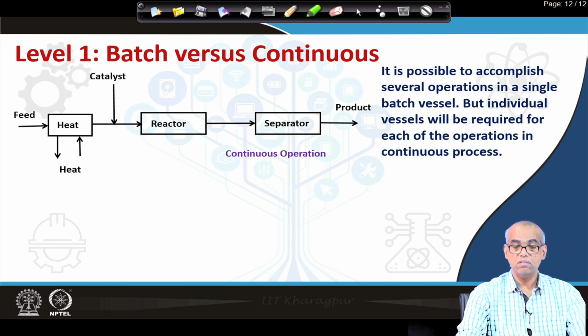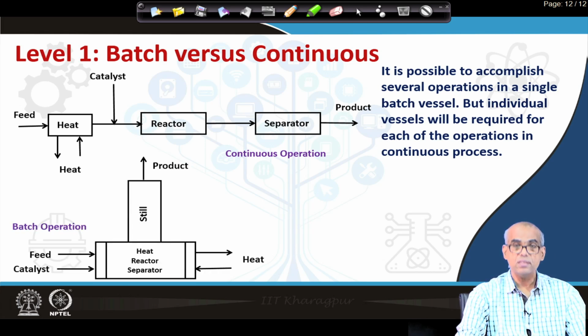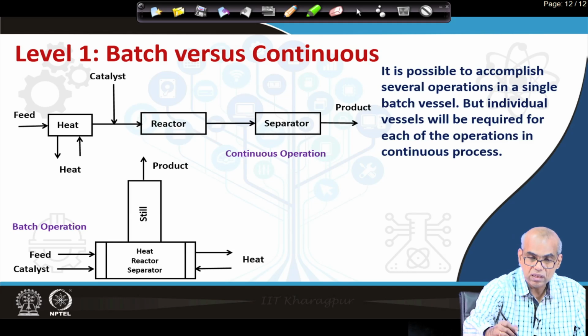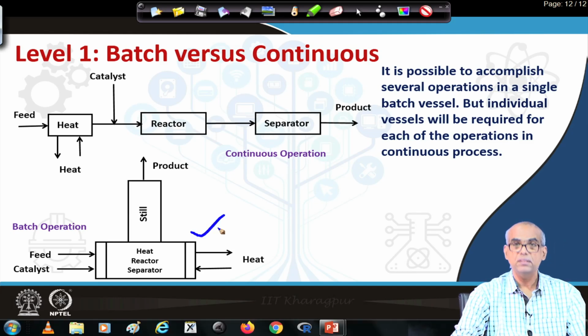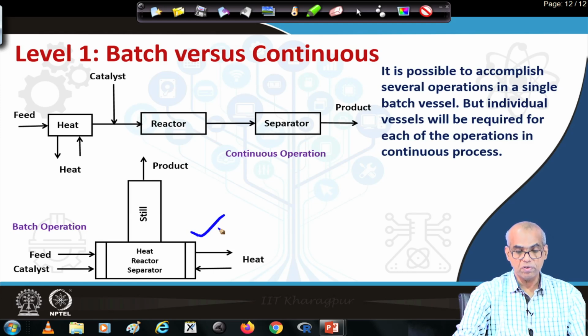The equipment that you see, reactors, separators, etc., will be required for individual operations. Whereas, for a batch operation, the reboiler that you see can be used to supply heat. It can perform the role of reactor. It can also perform the role of separator.